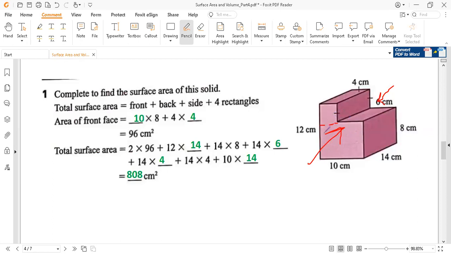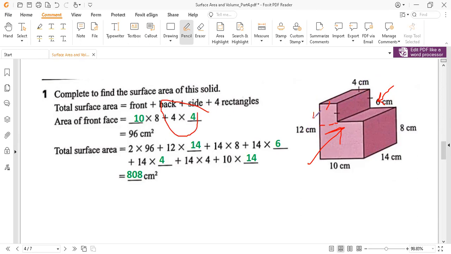The surface area of the front side: because we have a 4 here and a 4 here, it is identical. So we have a square, 4 by 4, and also this rectangle.